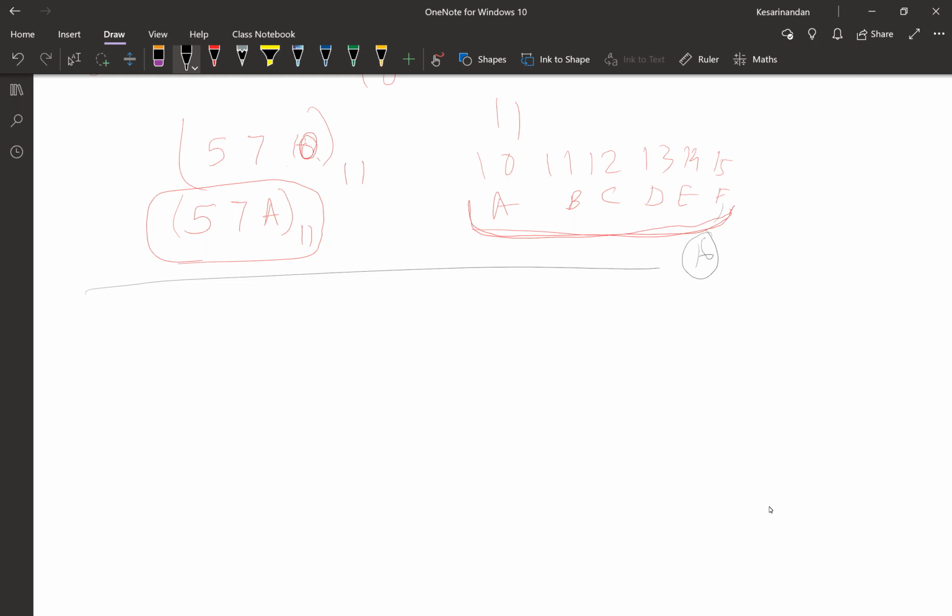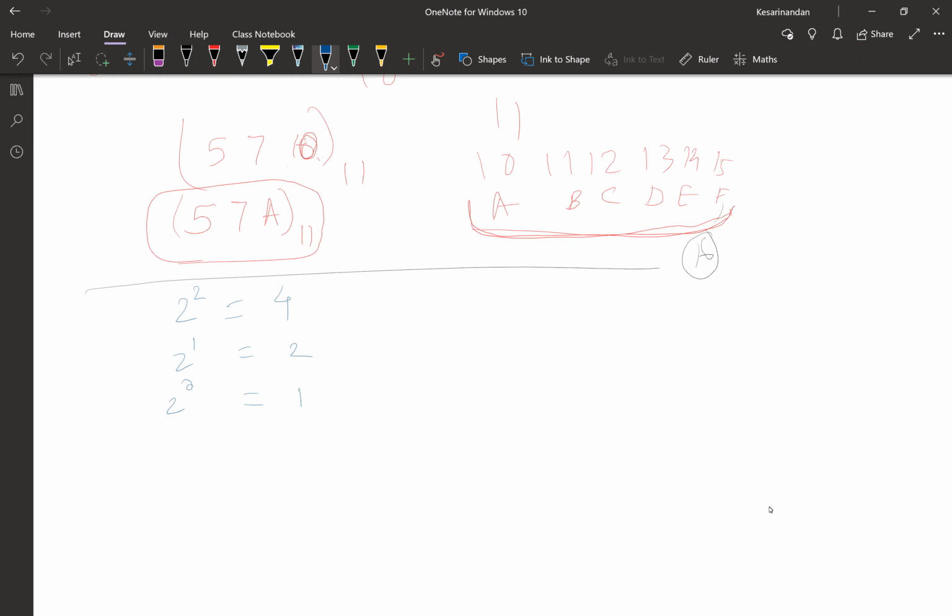Okay, now moving forward, I'll give you one observation. 2 raised to 2 is 4. 2 raised to 1 is 2. 2 raised to 0 is 1.